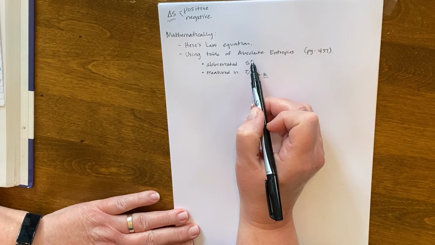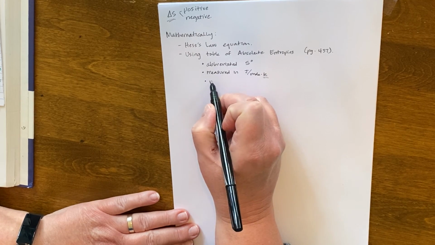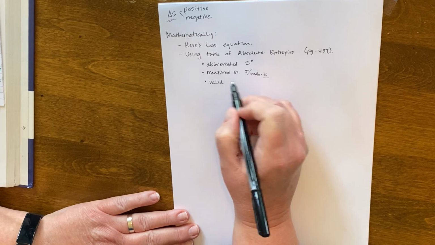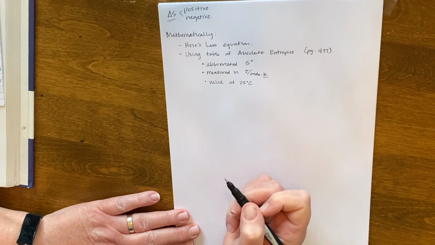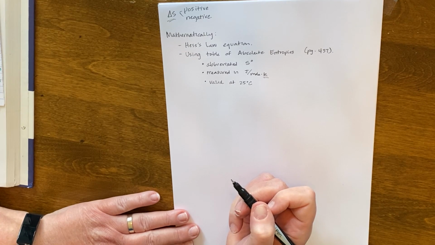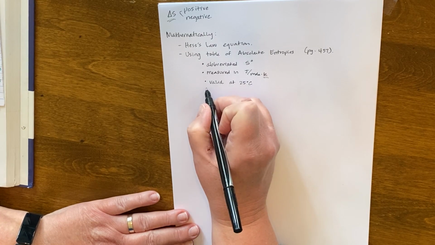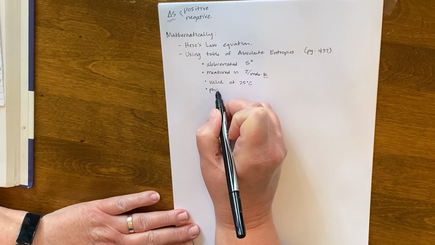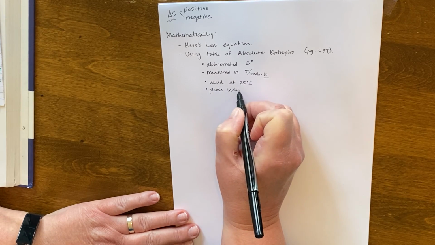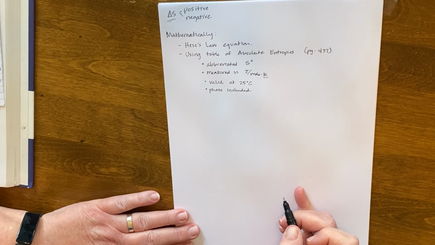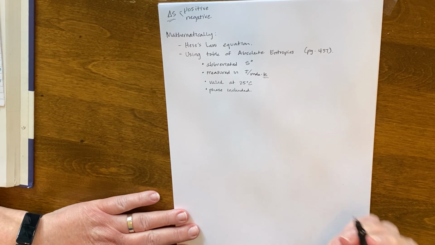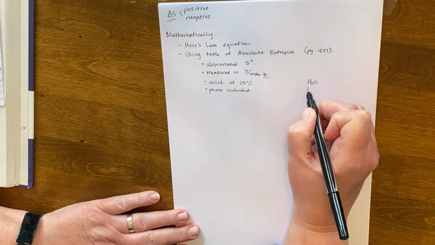Again, because of this degree sign, it means that these values in this table are valid at 25 degrees Celsius, which is room temperature. You'll notice on this table that phase is included. In the middle column, you'll see H2O gas, H2O liquid. Just write them down here quick.